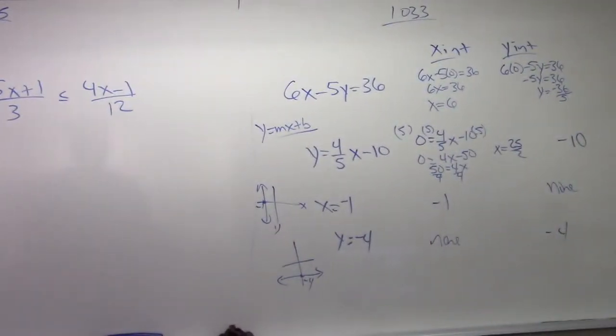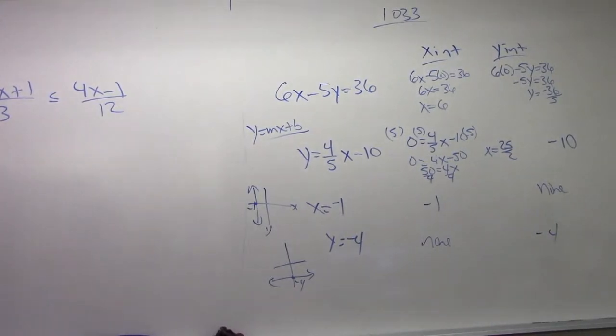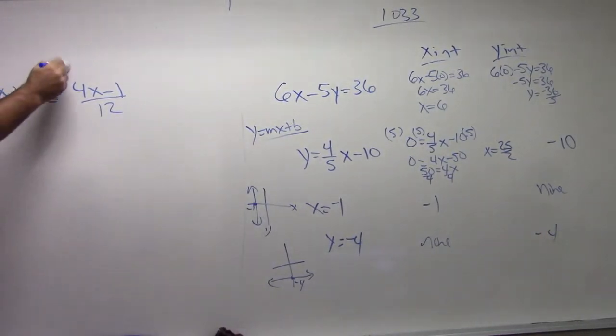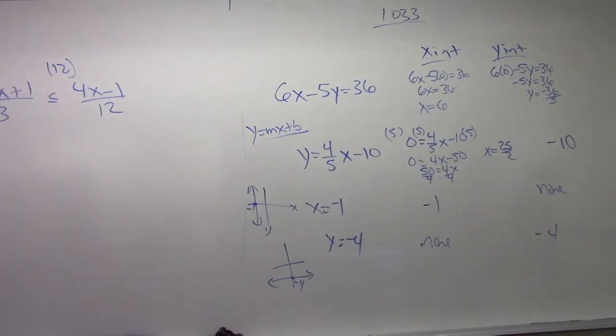So for the domain, when you need the bracket, that's when it isn't messed up with the domain. Yes, if it's equal to, it's always going to be the one that had the greater than or equal to or less than or equal to. Thank you.